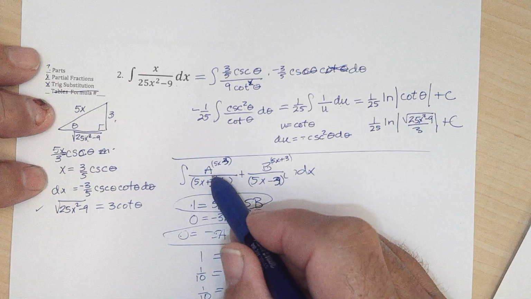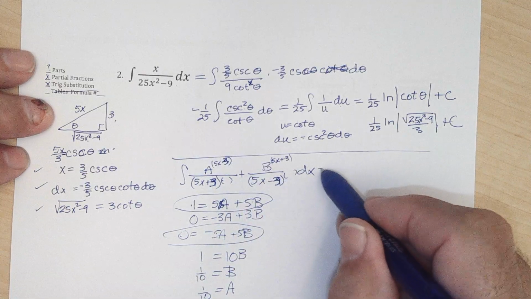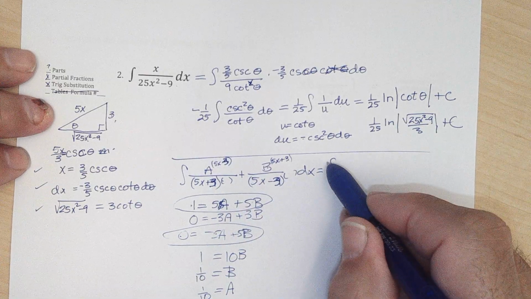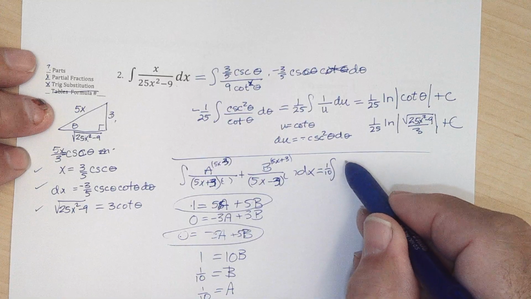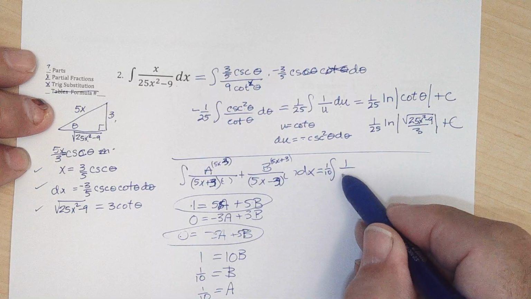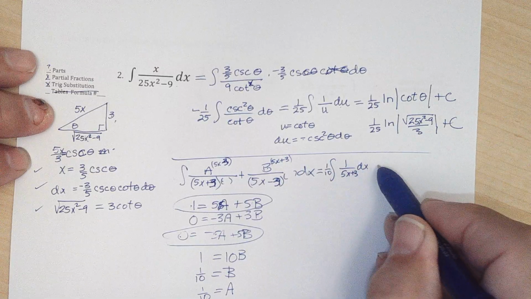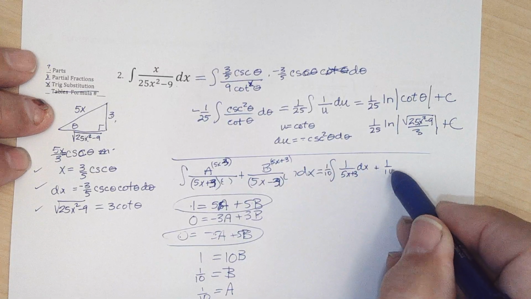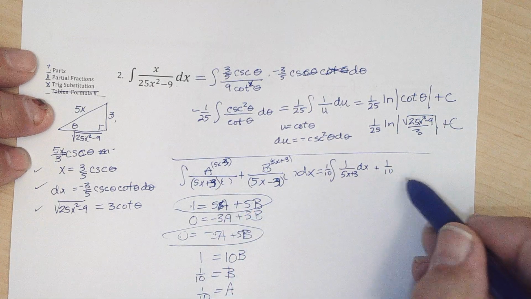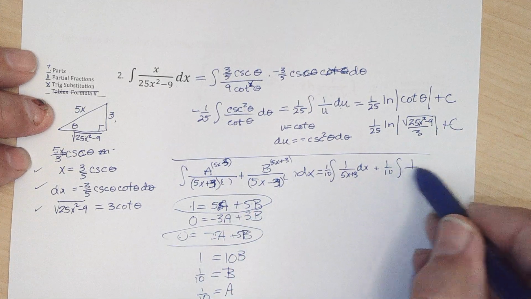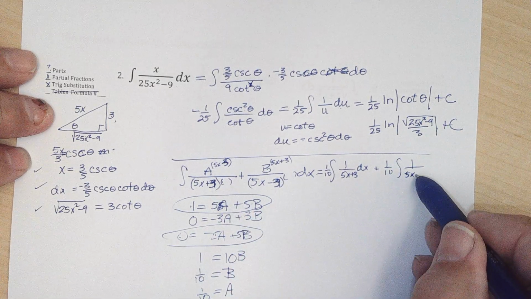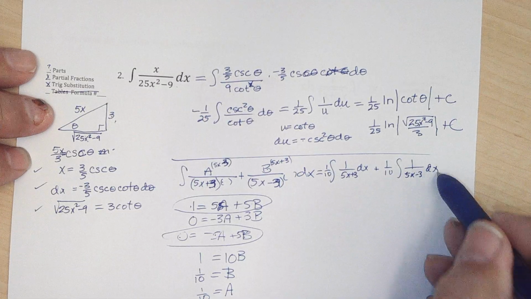So this would turn into 1/10 the integral of 1 over 5x plus 3 plus 1/10, the b would pull out, integral of 1 over 5x minus 3 dx.